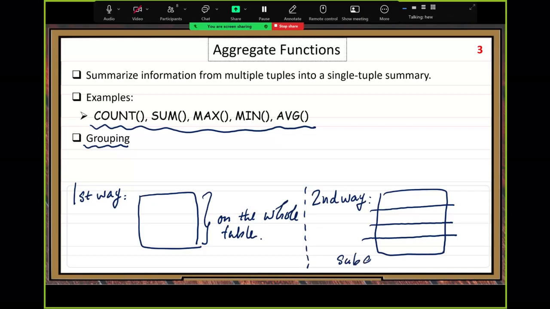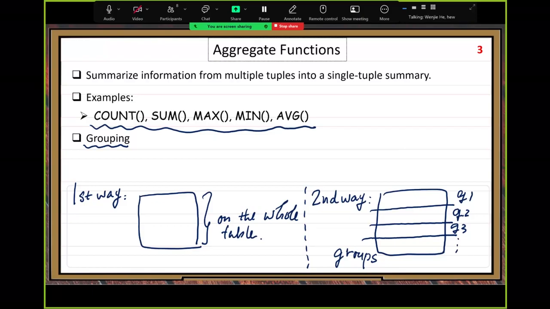Sometimes people just call them groups. You divide it into groups. That's what we call grouping: group 1, group 2, group 3, and so on.